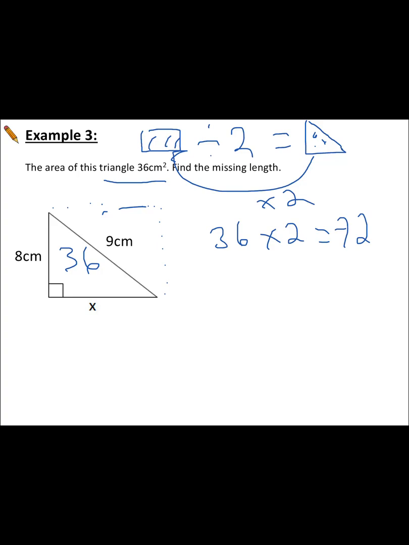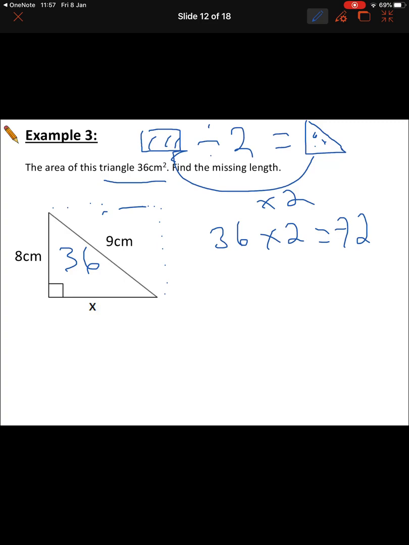So therefore, to find out what x is, the area of a rectangle is basically base multiplied by your height, okay? We already know that the height here is 8, so 8 times something must give us 72.